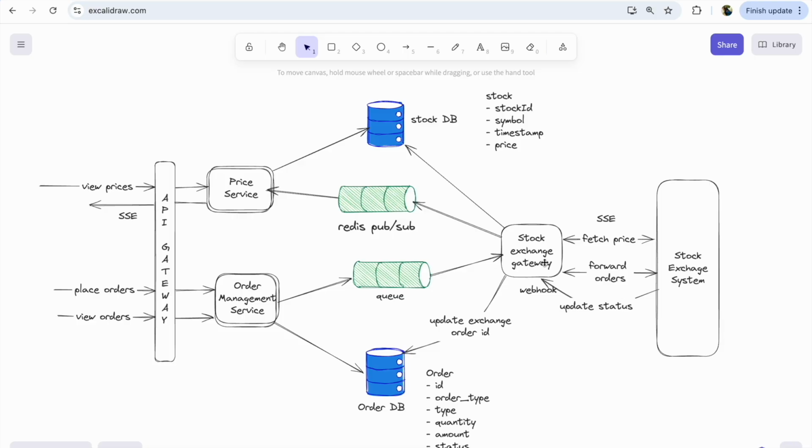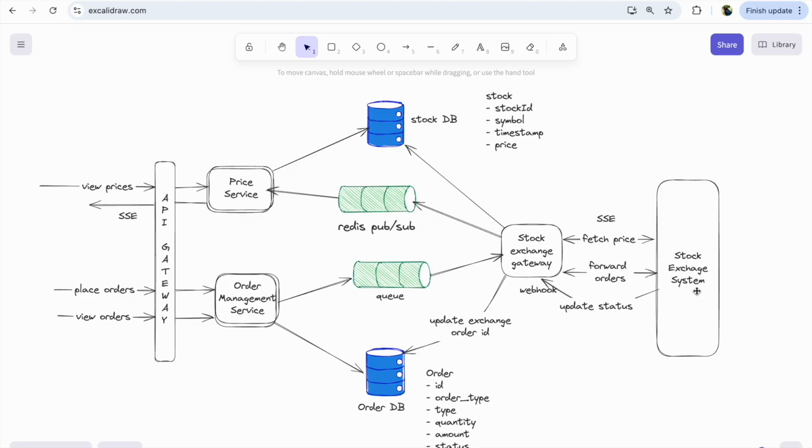Now, when the stock exchange gateway forwards the order to the stock exchange system, it also will need some time to process the orders, right? Because the stock exchange system has to match a buy order and a sell order, then it has to execute the match, and all this will take time.